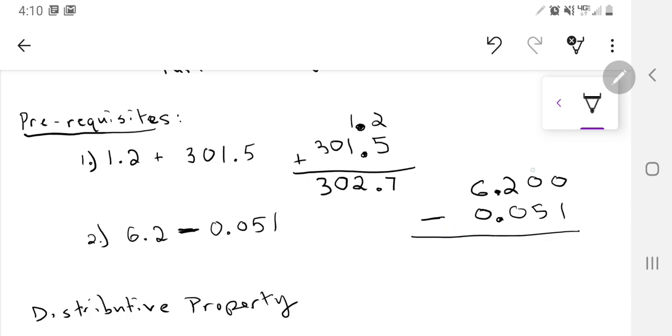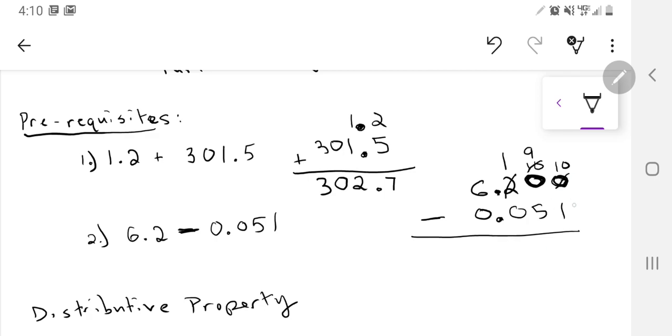Now we're going to need to work our way over. We want this 0. We don't have enough there, so we have to borrow, but we don't have enough there, so we have to borrow from here. All right, so then we can borrow, make that a 10, but we have to borrow from there, so then this can become a 10.